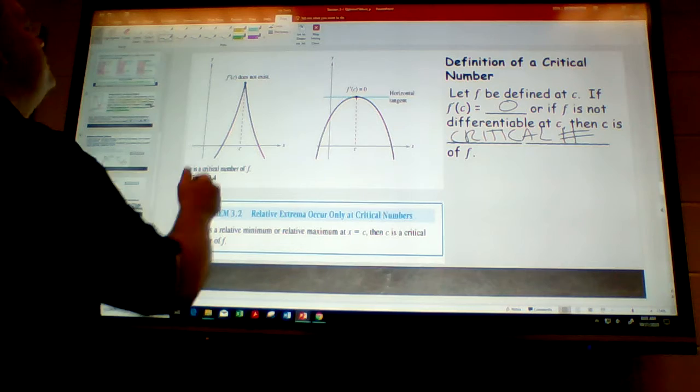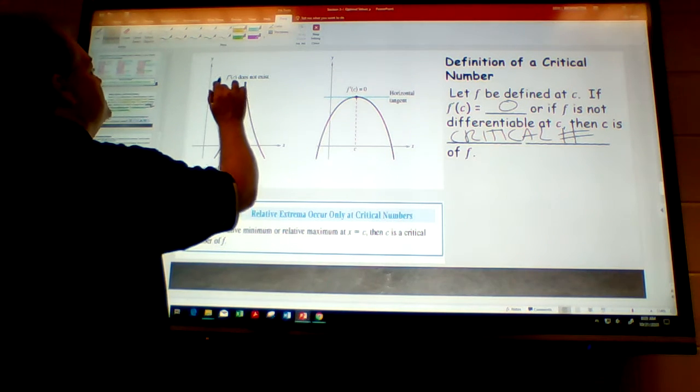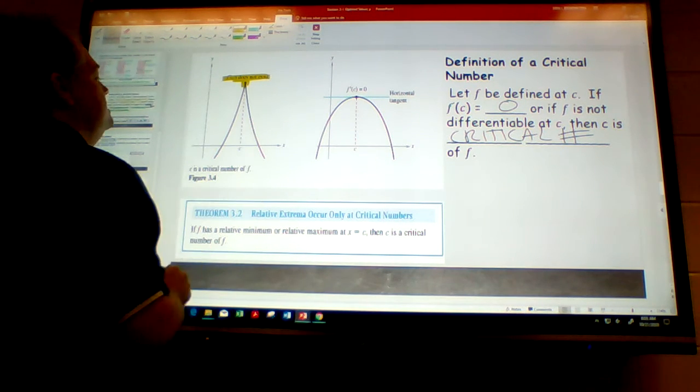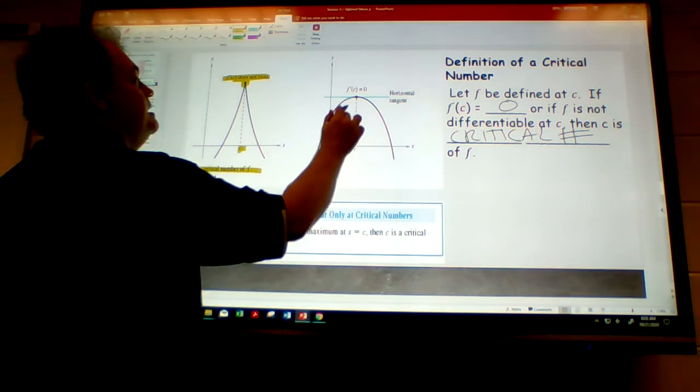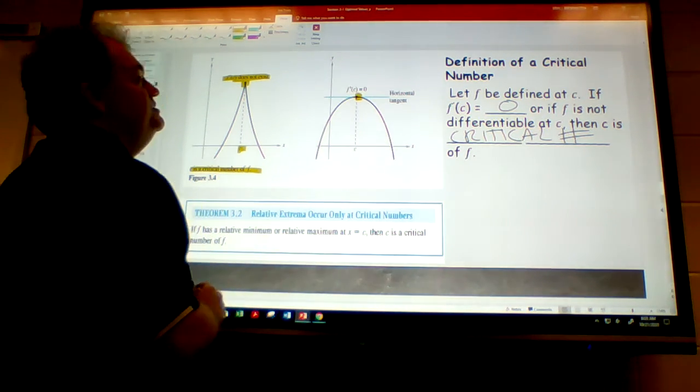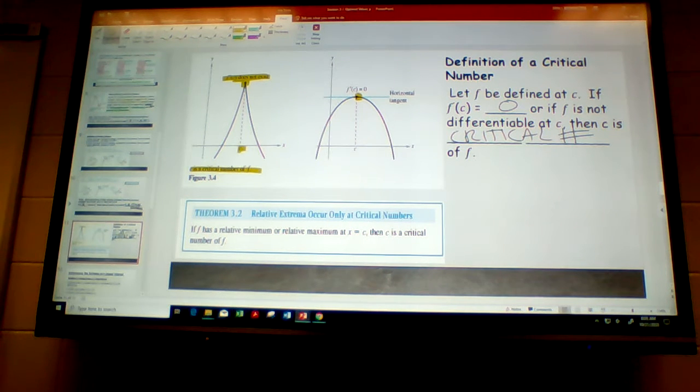You can see right here, these are two prime examples. f prime of c does not exist, so therefore c is a critical number. Same thing right here. f prime of c is 0, it's a horizontal tangent line, as you can see right there, so therefore c is a critical number.